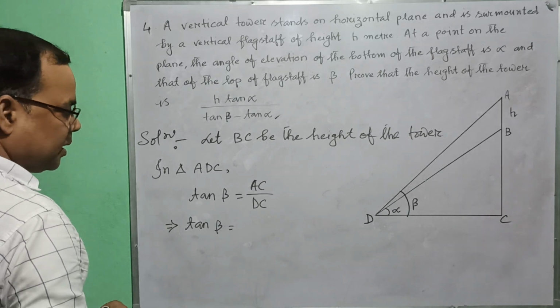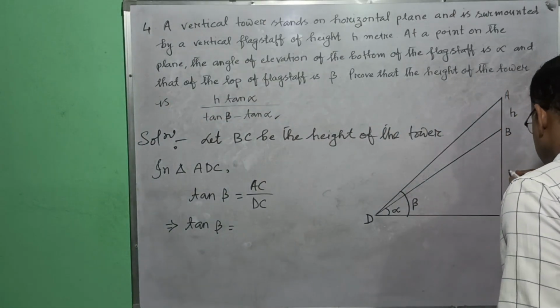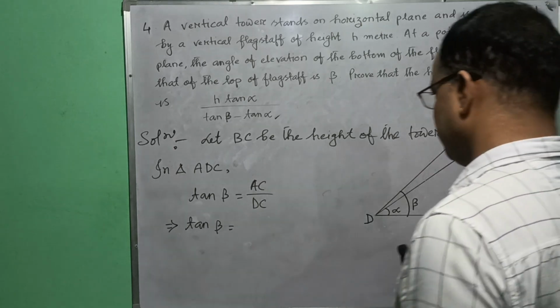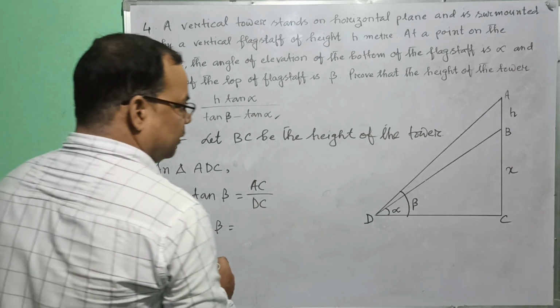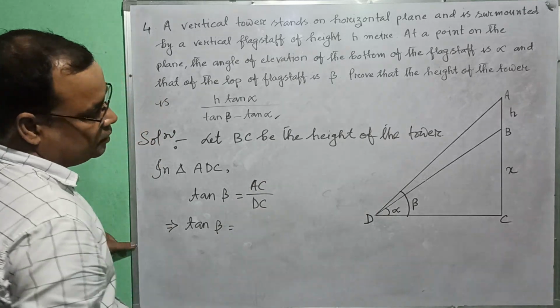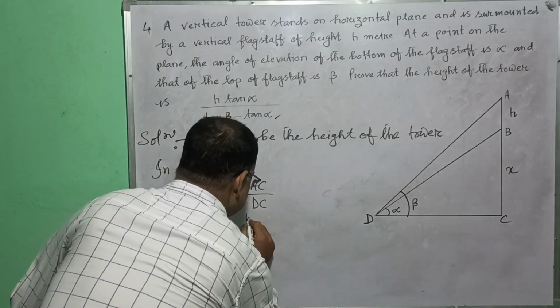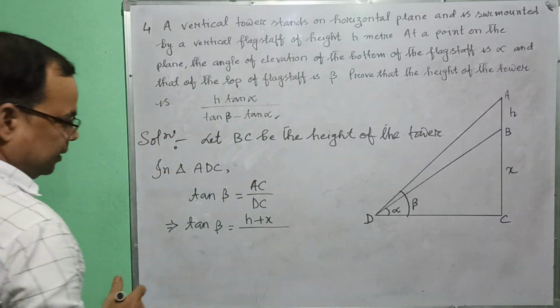We can write h plus BC. One thing you can write here is BC as x also. So tan beta equal to, AC is what? AB plus BC. So we can write h plus x, divided by DC.